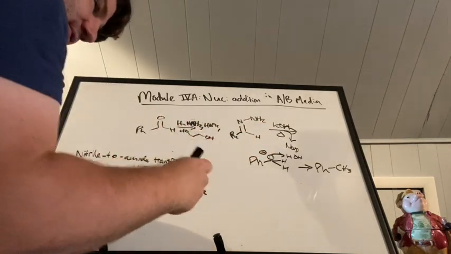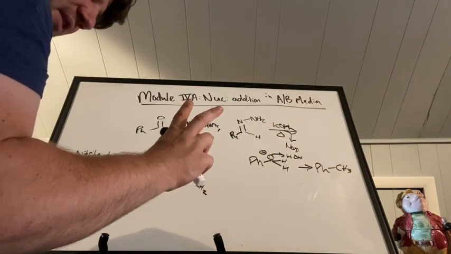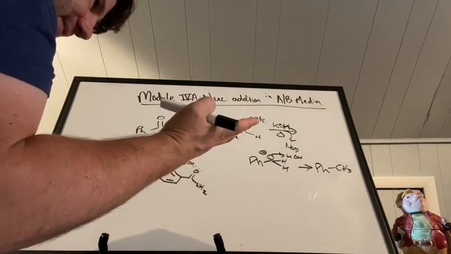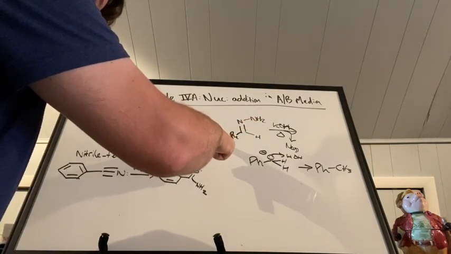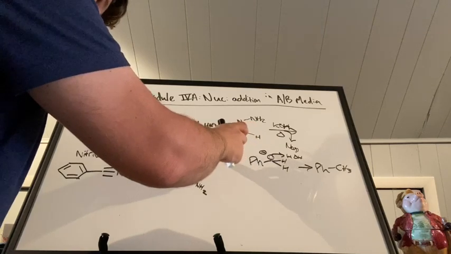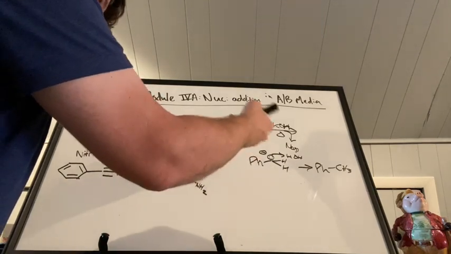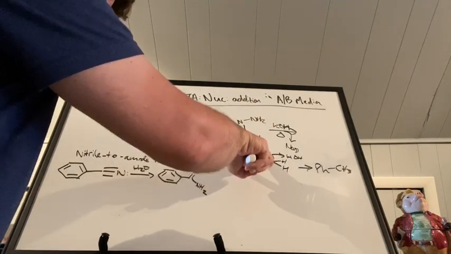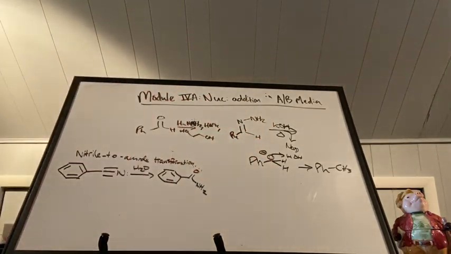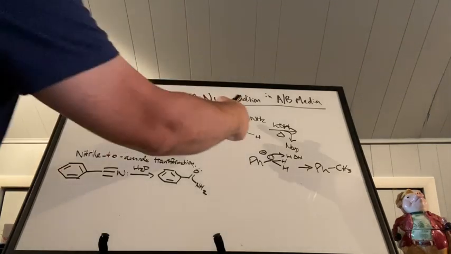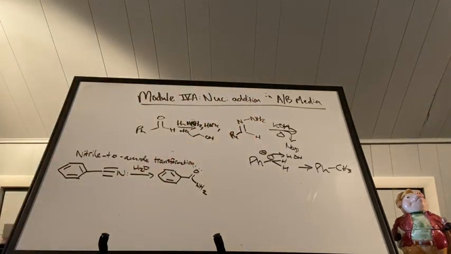So that N2 is going to be the part that is being eliminated, but this is going to be your leaving group, right? So that it'll be like your eliminating scaffold right there.